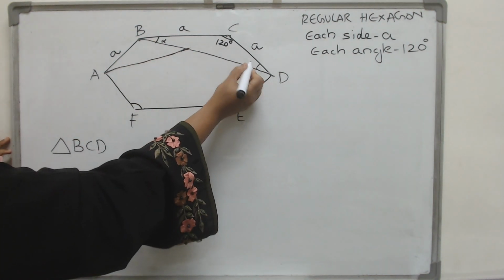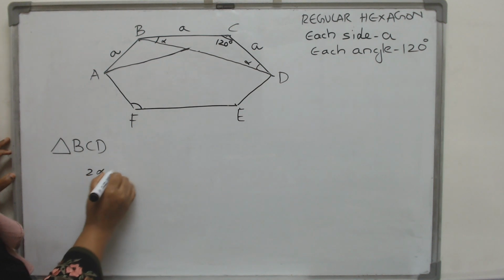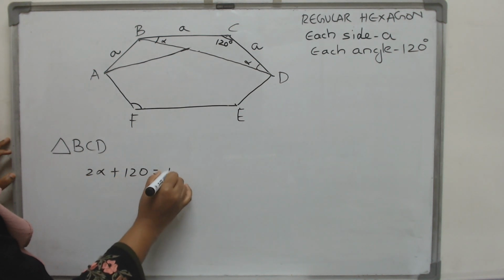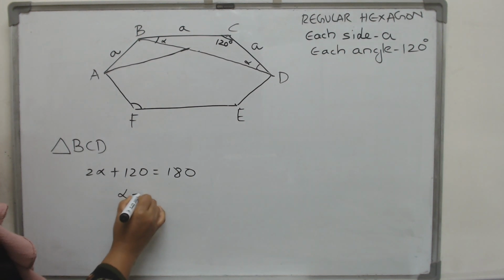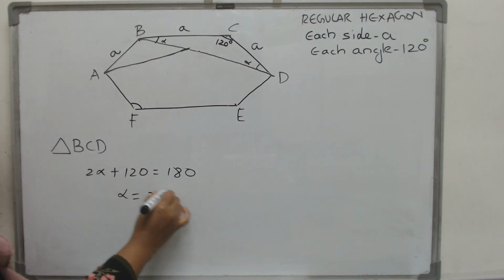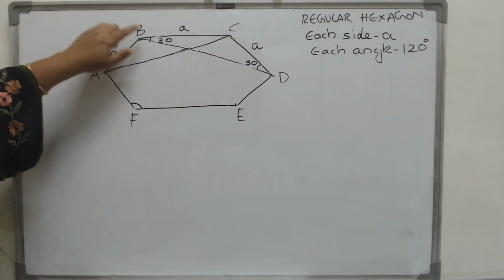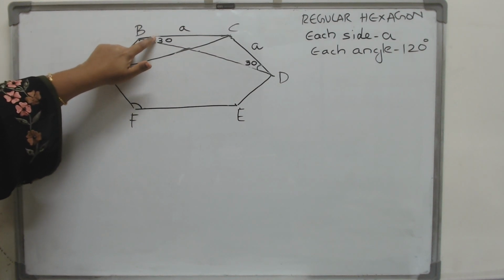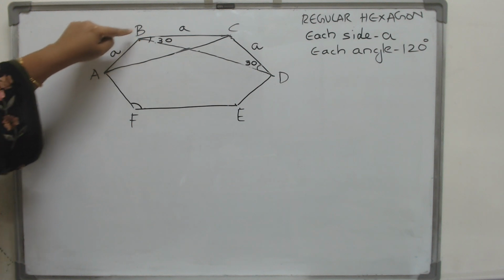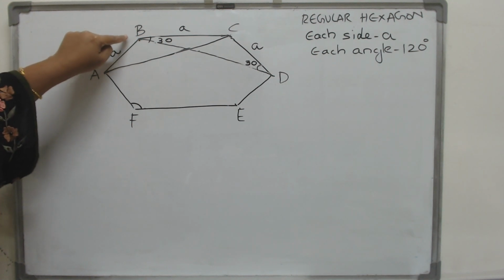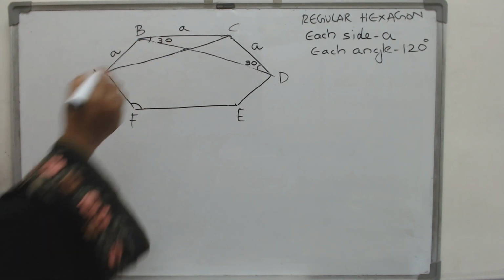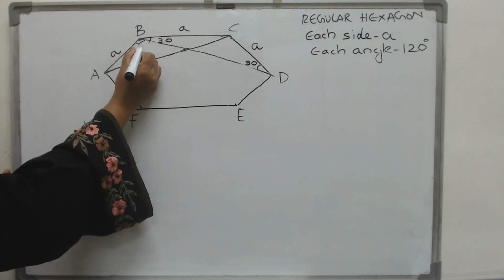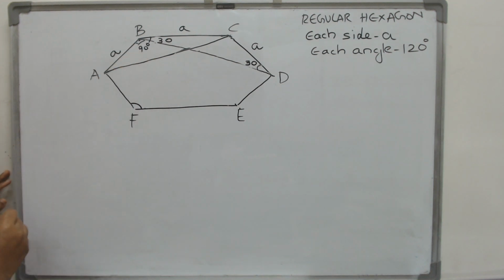That means if this is alpha, this is alpha, which means what? 2 alpha plus 120, the sum of angles of a triangle is 180 degrees, which means each alpha is 30 degrees. So this small angle here is 30 degrees, but the whole of angle B is what? Each angle is 120 degrees. So if this is 30, then this angle has to be a right angle, which is 90 degrees.